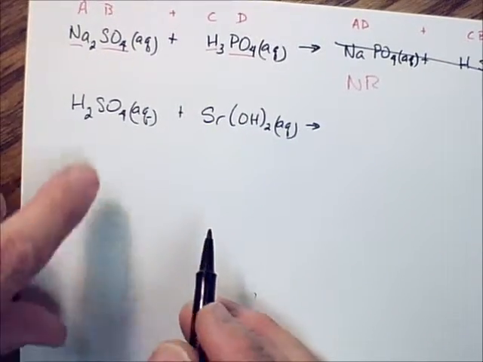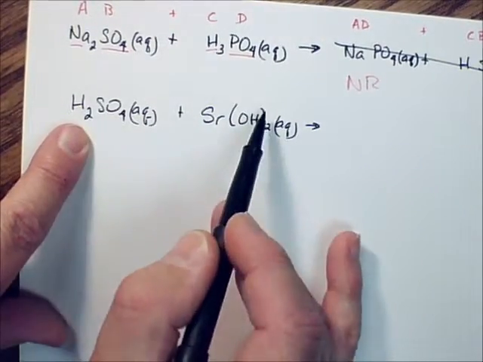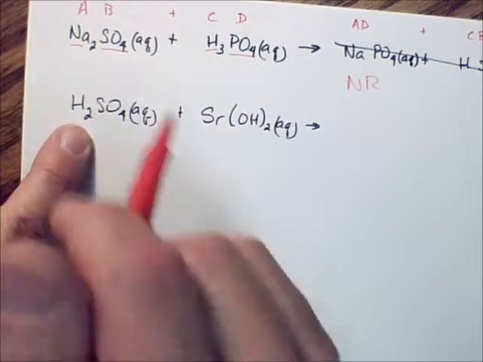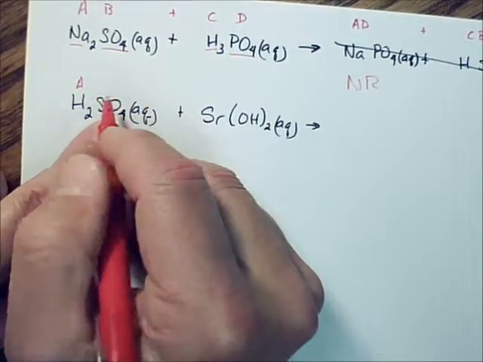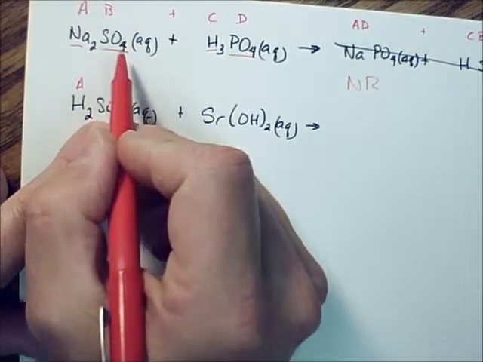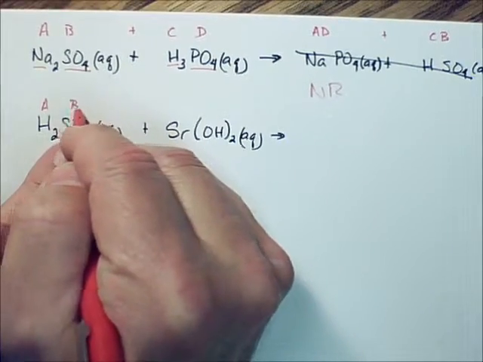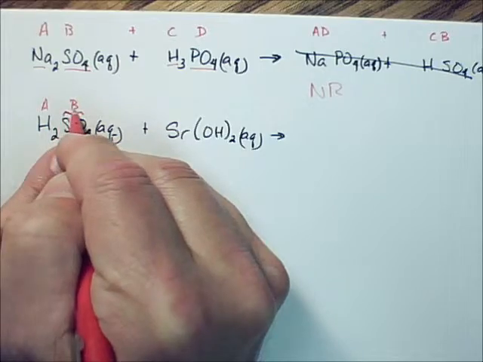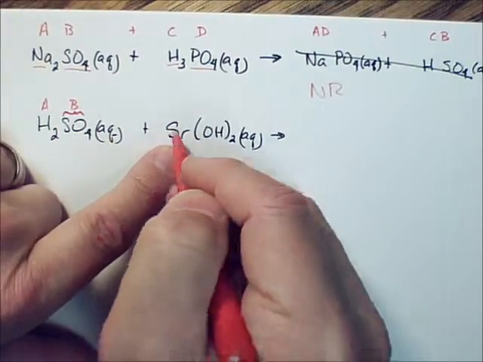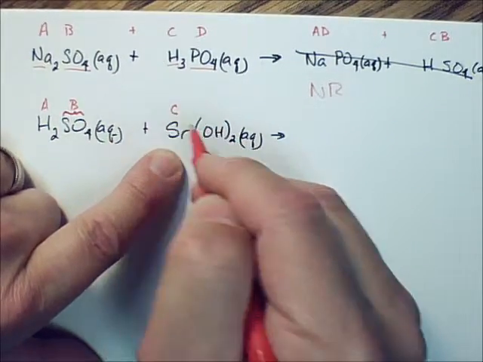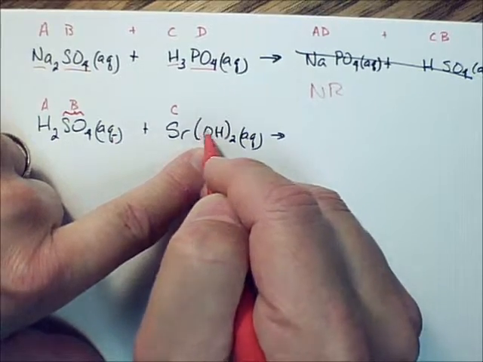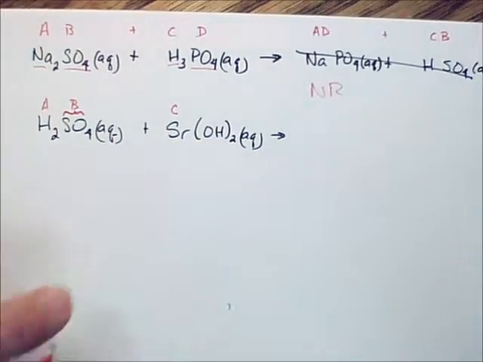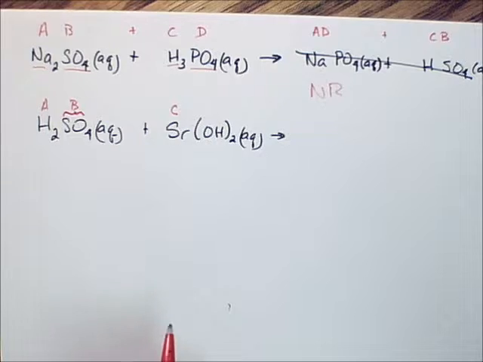Okay, again, we're looking at an A, B, C, D pattern. A, this is a polyatomic ion. We identified it up here as being a polyatomic ion. So that's B. Strontium is C. This hydroxide is in the parentheses, so you know right away that must be a polyatomic ion.